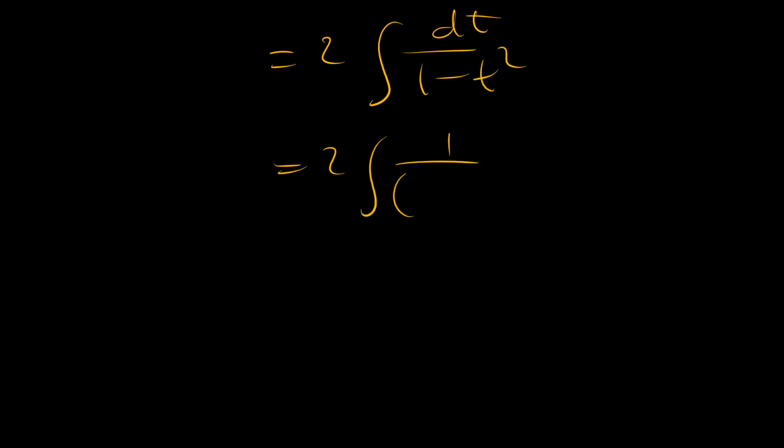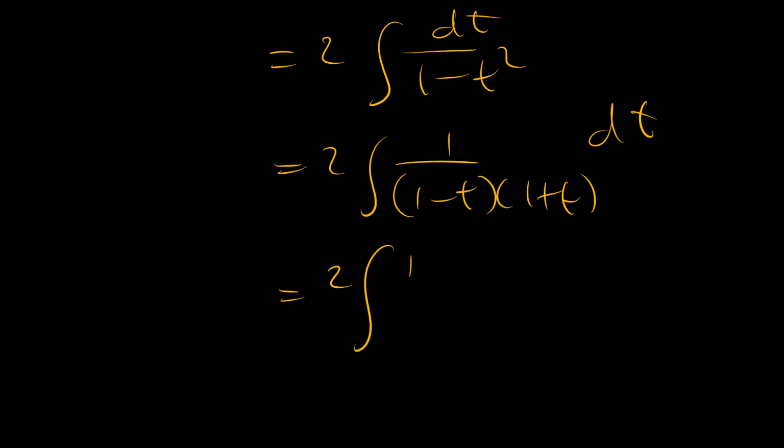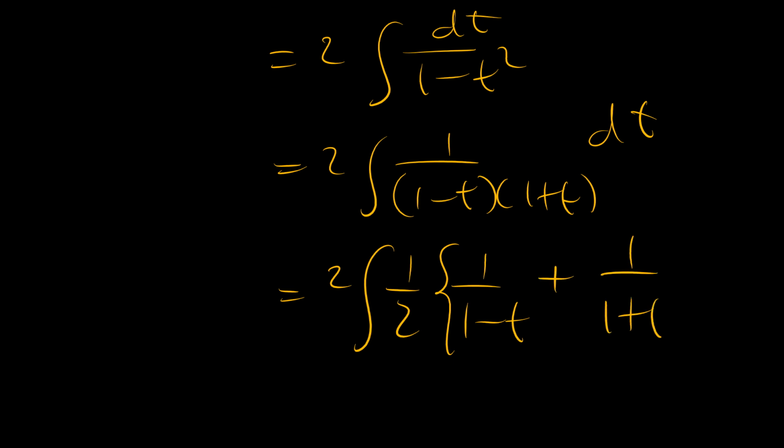So we have the integral of 1 over 1 minus t squared, which is the same as 1 over (1 minus t)(1 plus t), which is the same as 1/2 times the integral of 1 over 1 minus t plus 1 over 1 plus t, and that 2 would cancel.